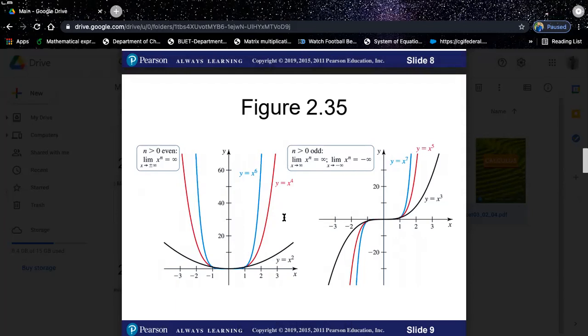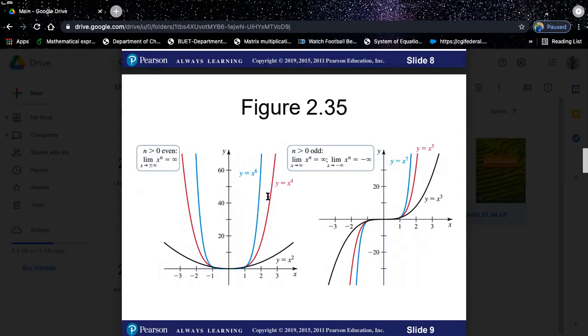Is it because no matter what number you put in for x, negative or positive, if you have an even exponent, it will become a positive number? Exactly, very good. Whenever your exponent is even, whatever you take for x, even if it's negative, the corresponding functional value will always be positive.